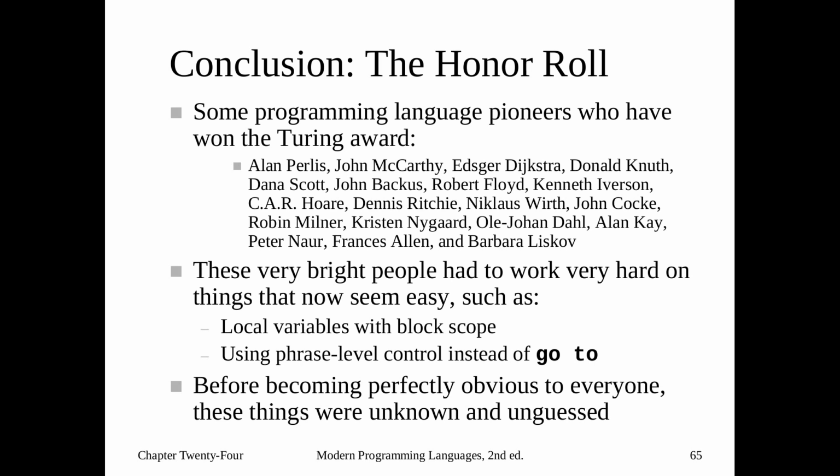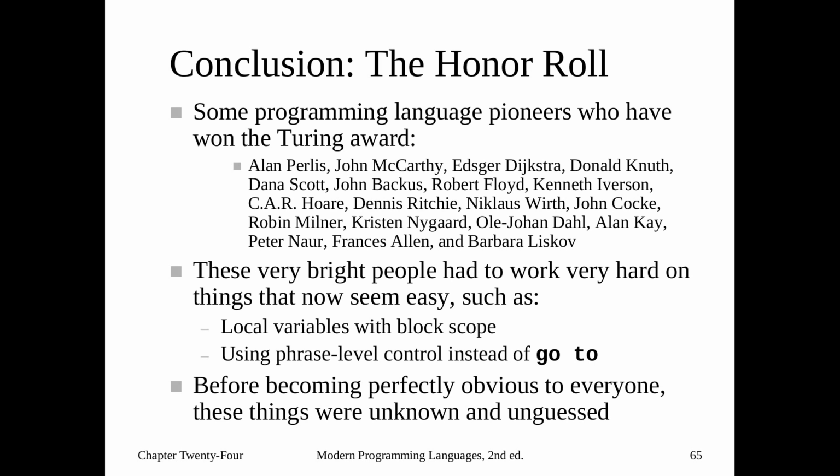So all these bright people worked really hard, and now we grab all these great things that seem really easy to us but weren't back then, including local variables, block scope, and using things other than goto. These perfectly obvious things to everyone were unknown and unguessed back then.